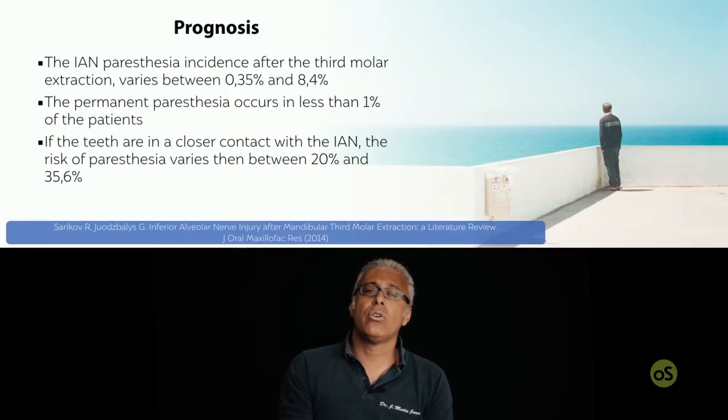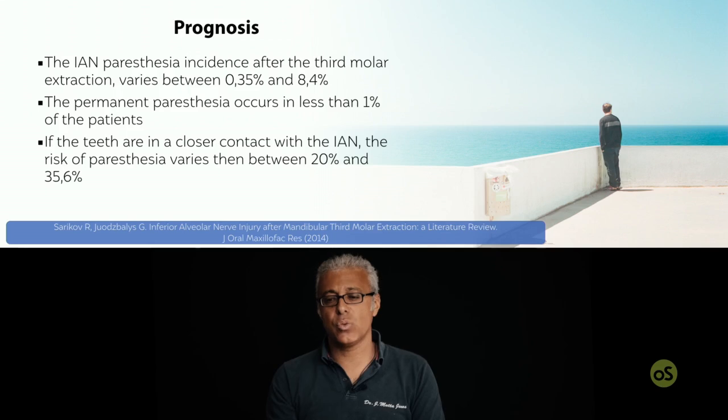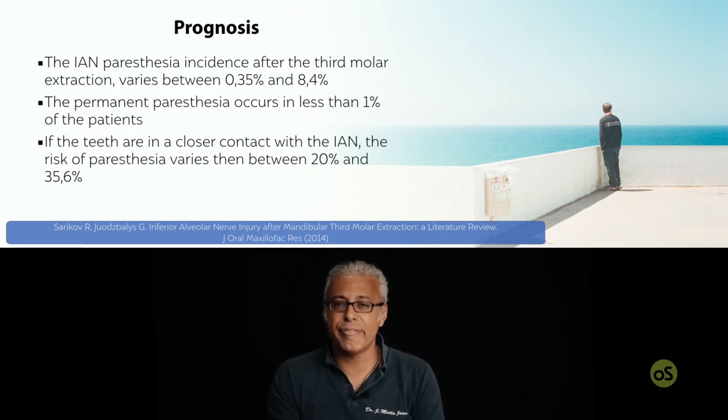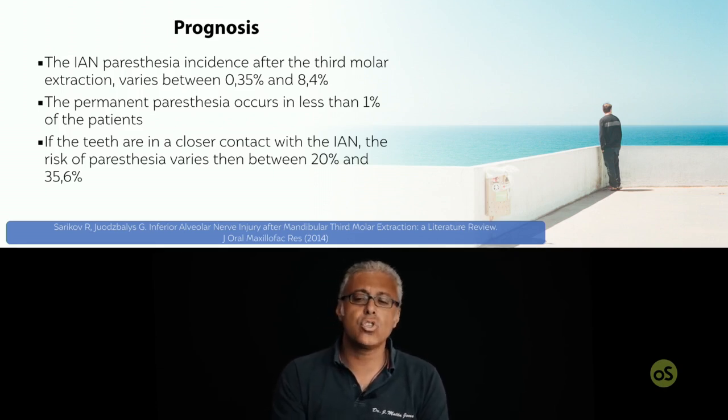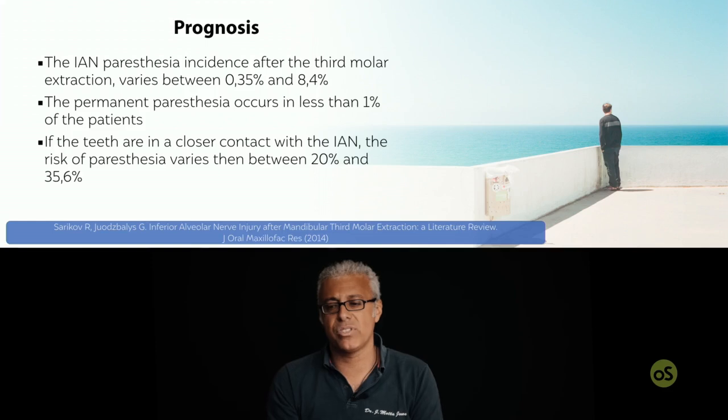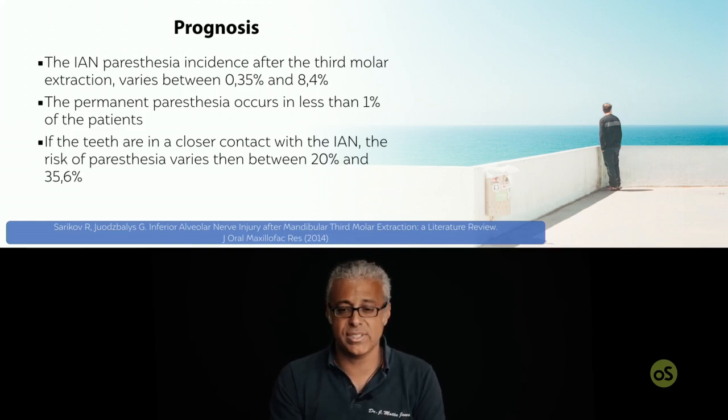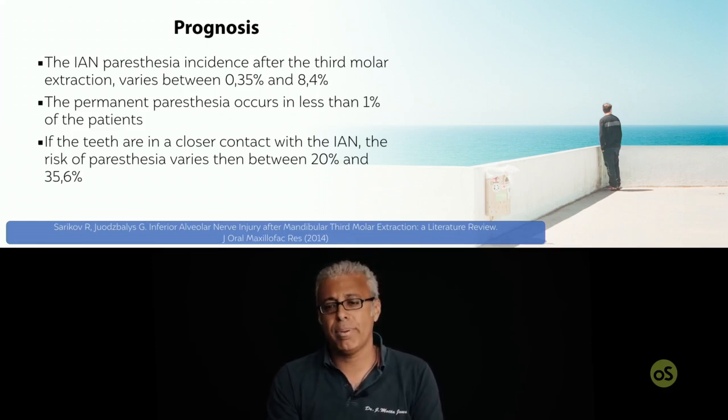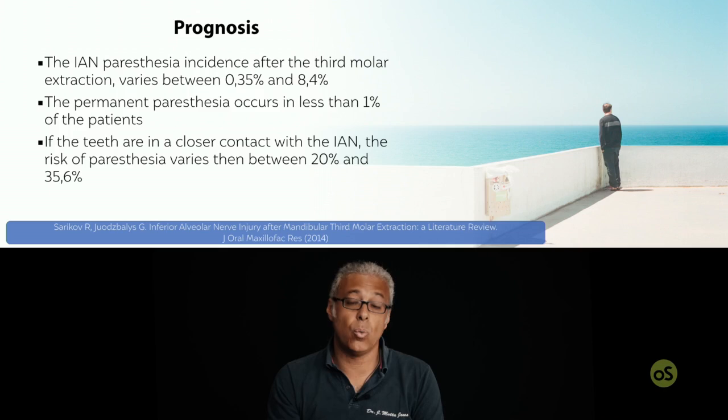And what about the prognosis of these kinds of lesions? Well, the IAN paresthesia incidence varies from author to author, and there are many numbers in literature, but it goes between 0.35% to 8.4%, and the permanent paresthesia occurs in less than 1% of these patients.